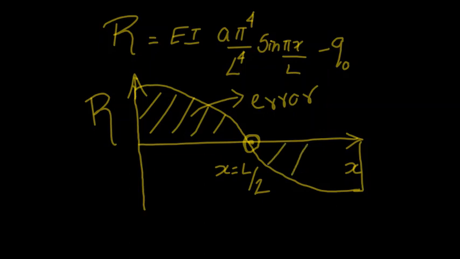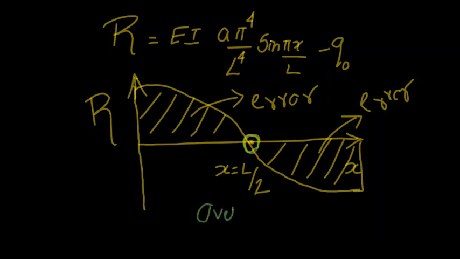This region indicates the error. So our objective is to make the error 0 not only at this particular point, but we want to reduce the error in an overall sense.